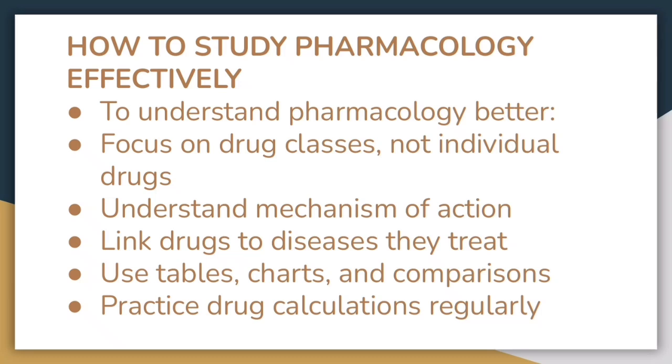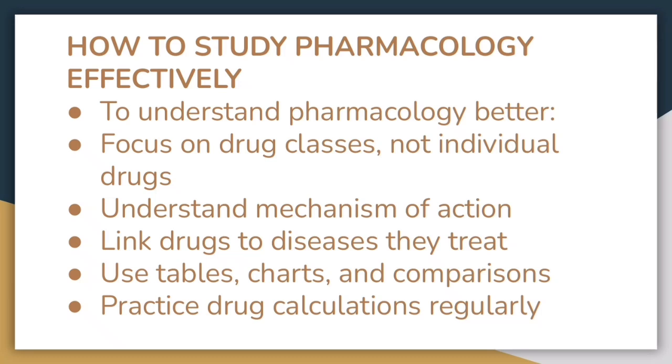When you study a class, maybe antihypertensives, you look at their variations, then you should understand the mechanism of action. I cannot overemphasize this, because when you understand the MOA, which is the mode of action or mechanism of action, you can predict the side effects, the indications, the contraindications, so many things just from understanding the mode of action.